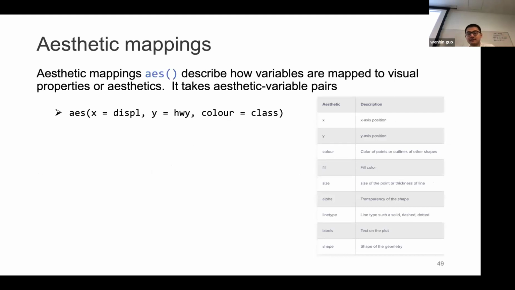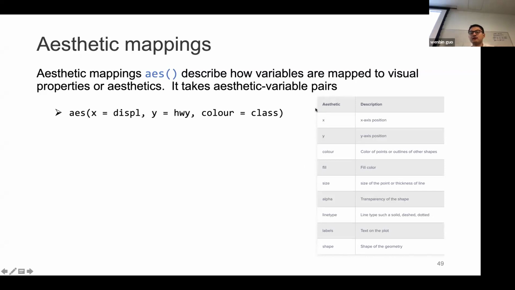To set the mappings, you simply use aes, which is short for aesthetics, to describe how the variables are mapped to visual properties. It takes aesthetic-value pairs. Here, as we did before, x equals displacement, y equals highway, and map the color to the class. Besides that, we can also specify other aesthetics for different types of plot.